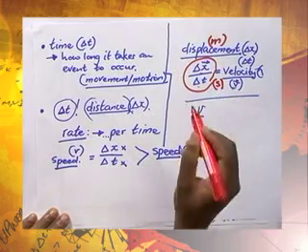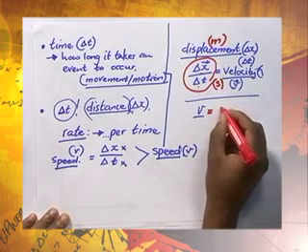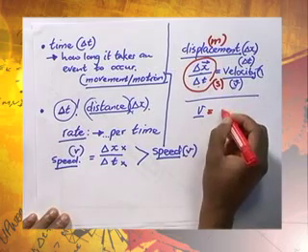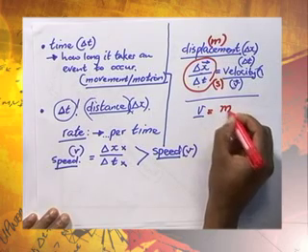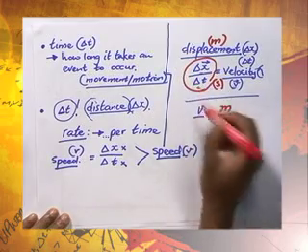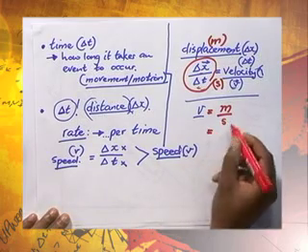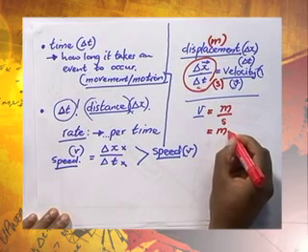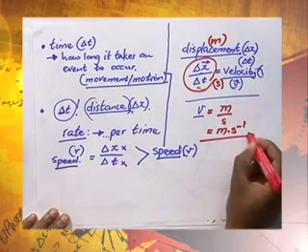So if we have velocity as change in displacement, delta x up there, we're going to have meters up there, and change in time, we're going to have seconds down there. And what does that mean? That means that the unit of measurement for velocity is meters per second.